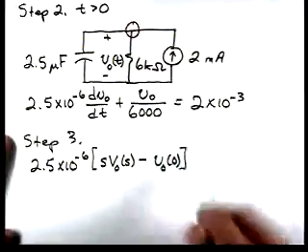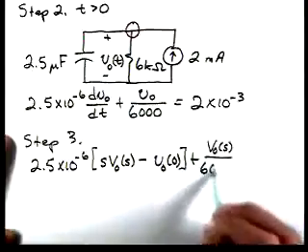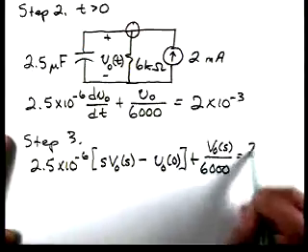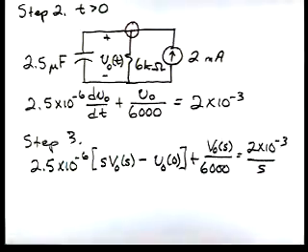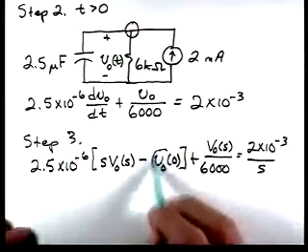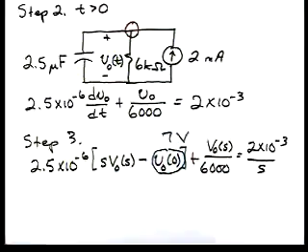That's the Laplace of the derivative. Then we have V0 of s over 6,000 is equal to 2 times 10 to the minus 3 over s. And let's remember that we calculated 7 volts for that. So now we've applied the Laplace transform.